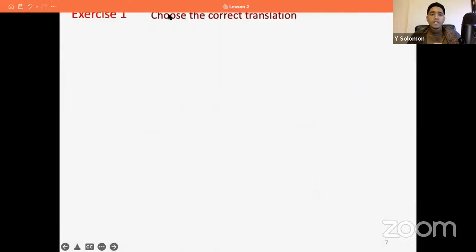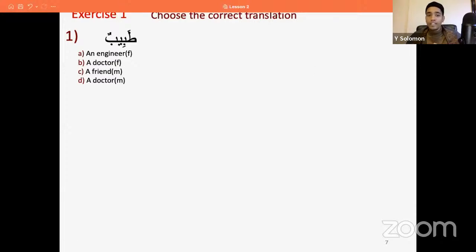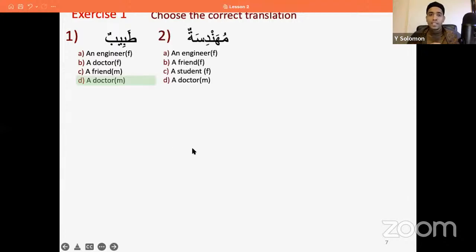Okay, let's do some exercises to reinforce the new vocabulary. Tabibun. Is it a female engineer? Is it a female doctor? Is it a male friend? Is it a male doctor? Tabibun. Excellent, that's correct.